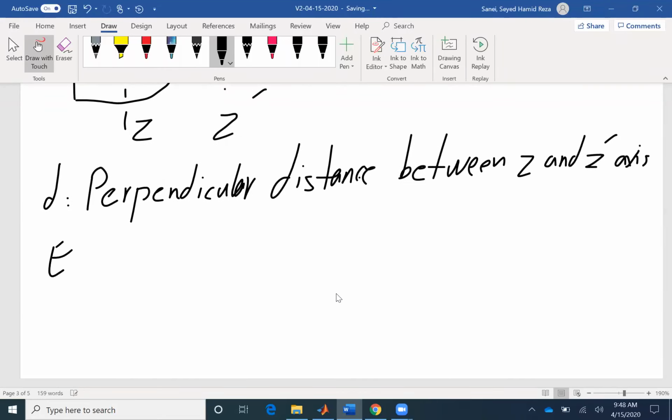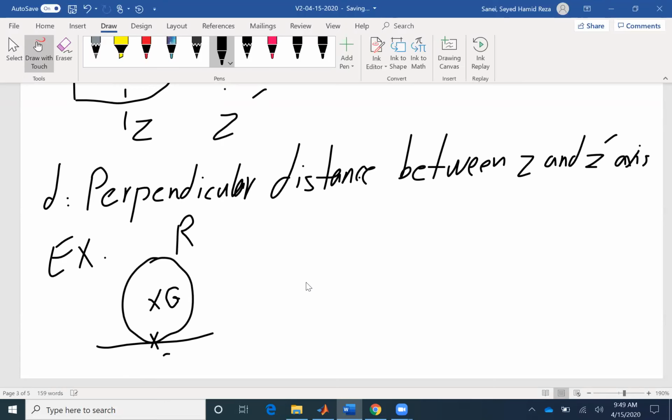As an example, let's say you have a disk with a center here O, the radius is R, and let's call this center G, the center of gravity.